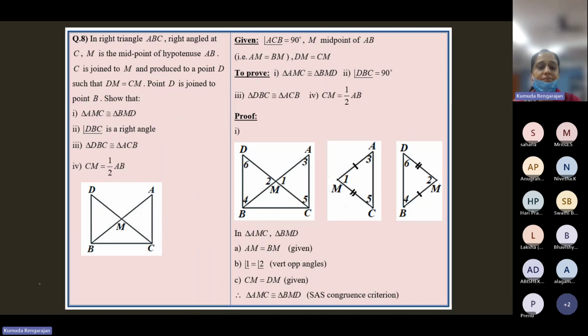I'll do this again. Once you prove the third one, take a CPCT information from the third one. Look at the fourth result. It has AB here. So AB is equal to what? DC. Write that information, CPCT. Now, since we have half AB, we'll also take halves of these equals. So half of DC is equal to half of AB.